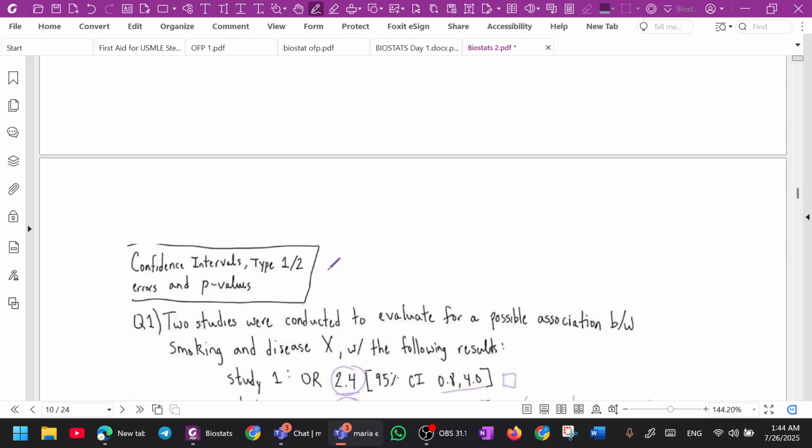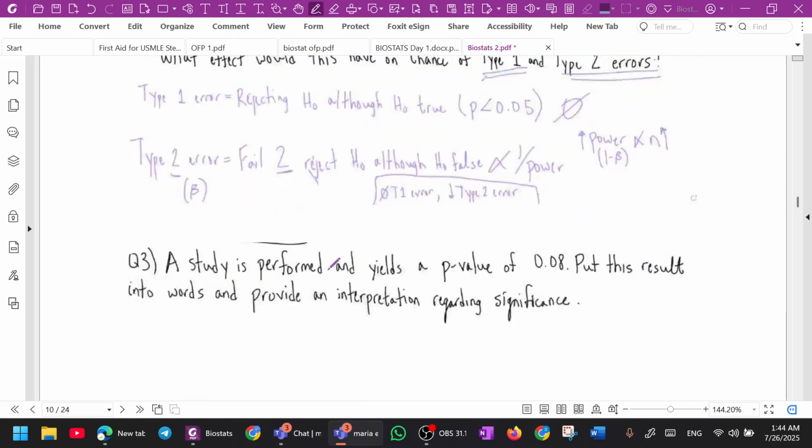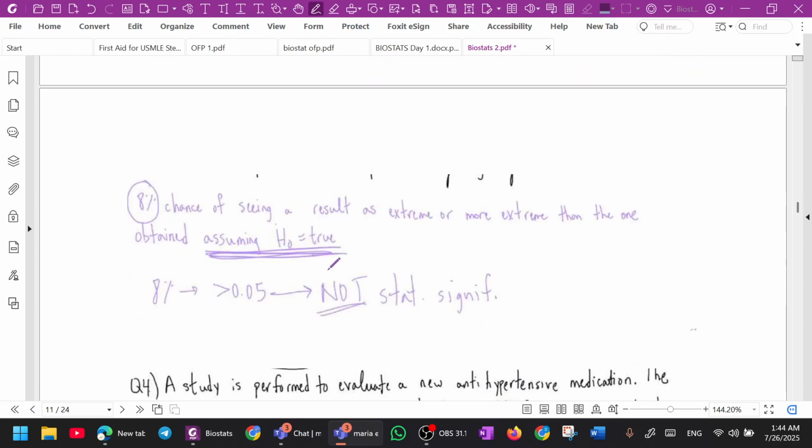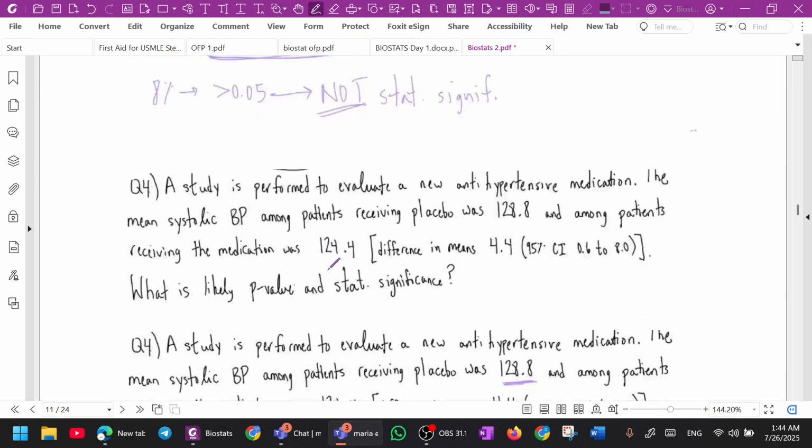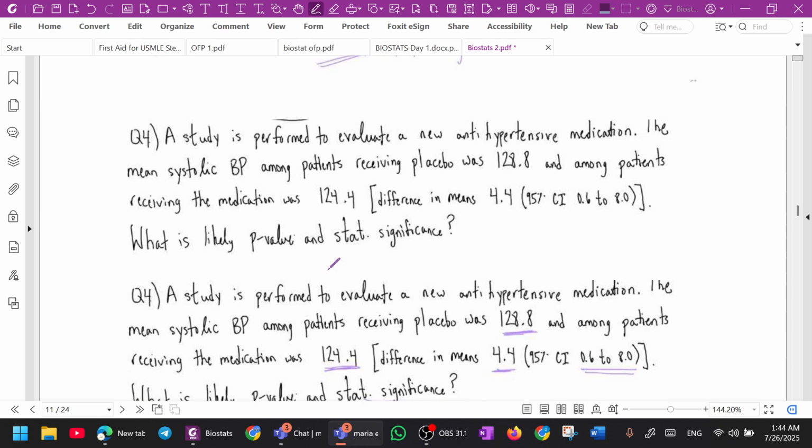Yeah, let's just read it because I don't remember the words myself. The chance of seeing a result as extreme or more extreme than the one obtained, assuming the null hypothesis is true, is 8%. And that is higher than 0.05, so it's not statistically significant. When you see the question you will know how they're asking it. It's just remembering a definition.